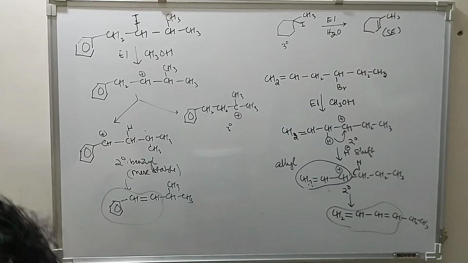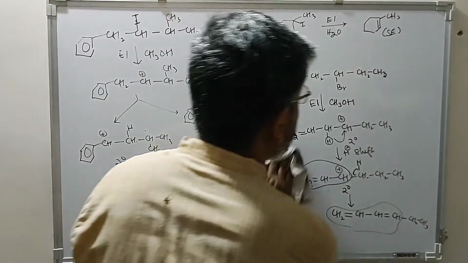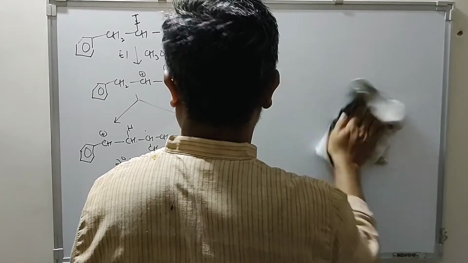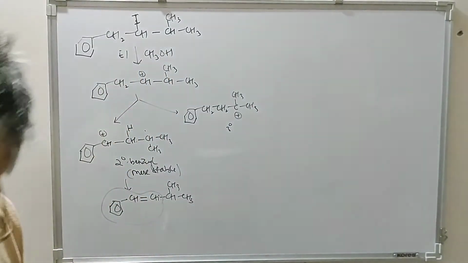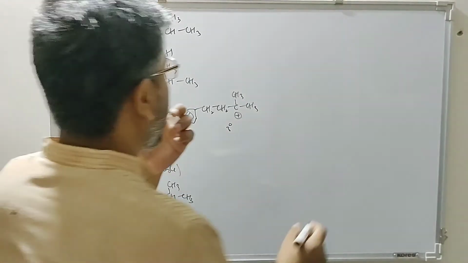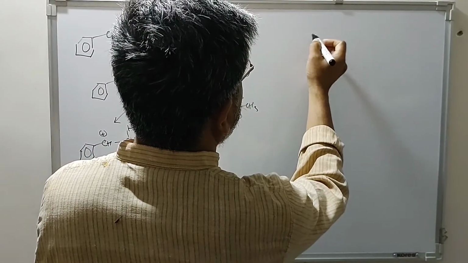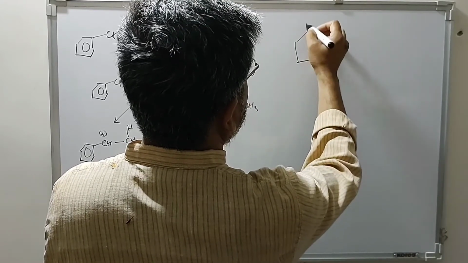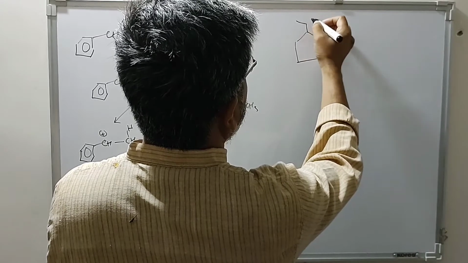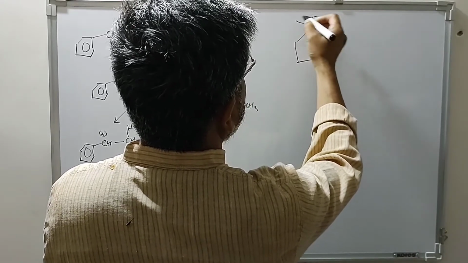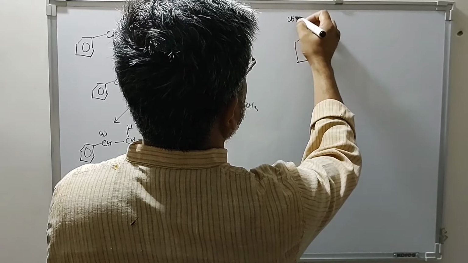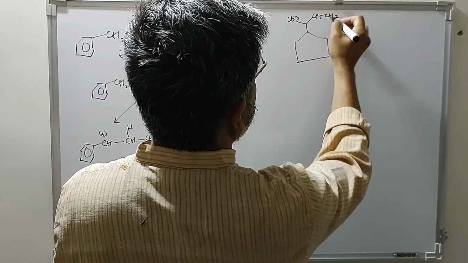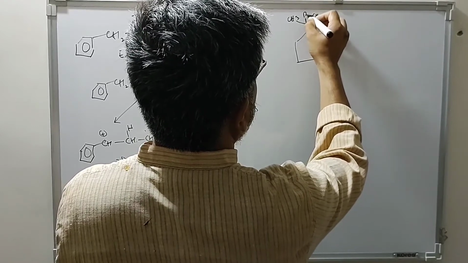Now I'll take up a very specific example. Now we are starting with this compound. So this is methyl group, this is CH2CH3. So we have Br.